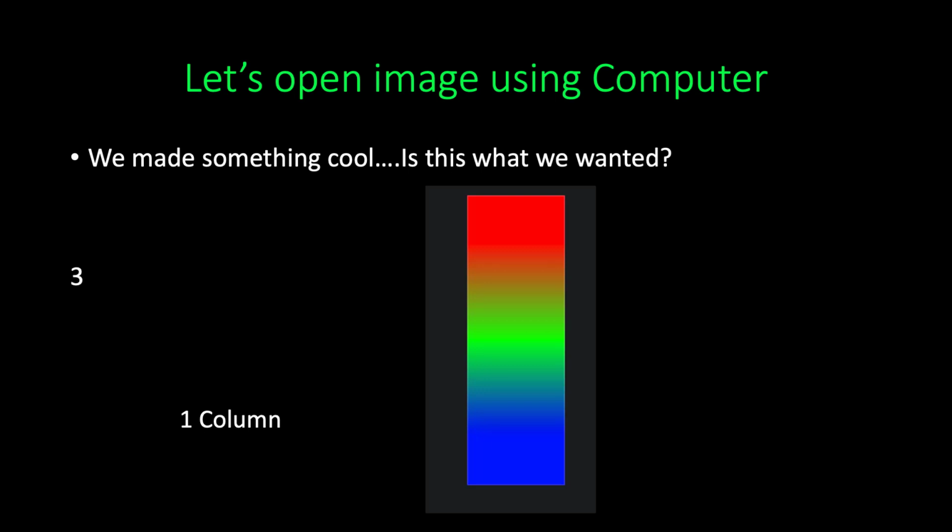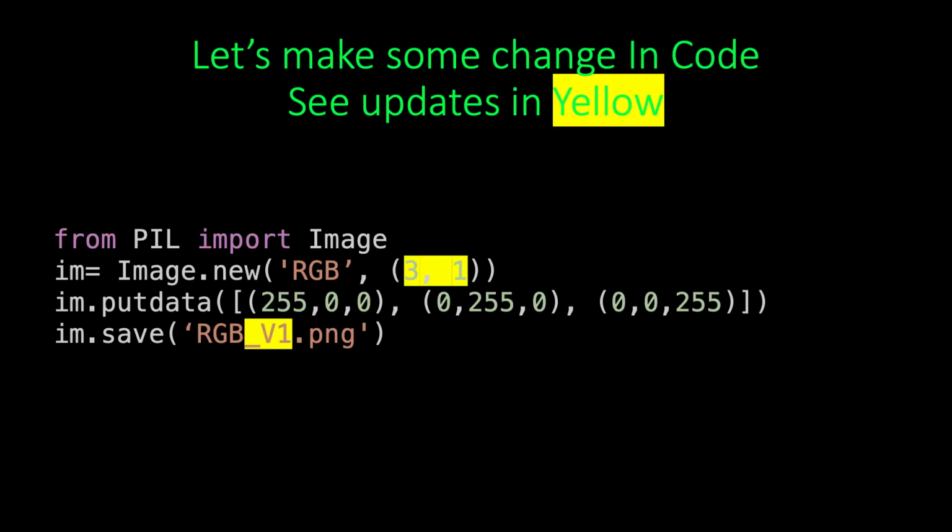Okay, anyway, so here we have 3 rows and 1 column, but we want something different. So let's go ahead and change our code a little bit. We are looking for 3 columns and 1 row, and we want our first column to be red, the second to be green, the third to be blue.